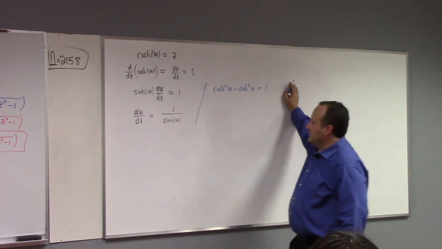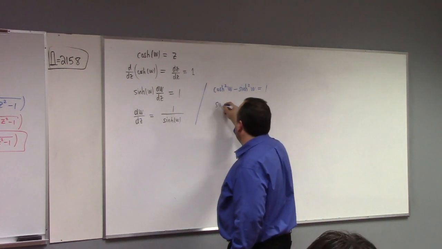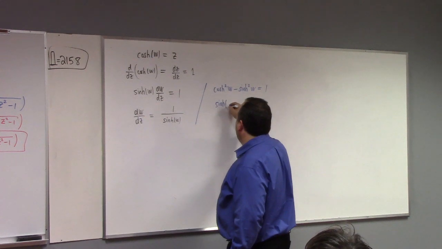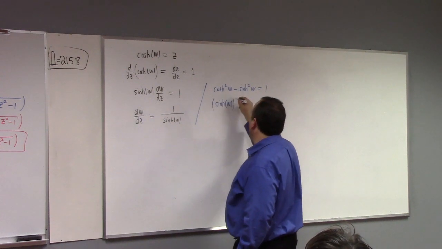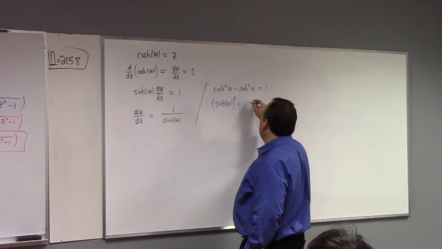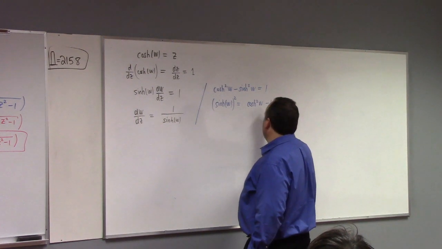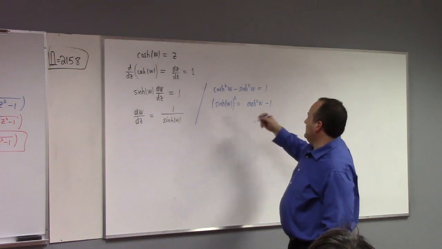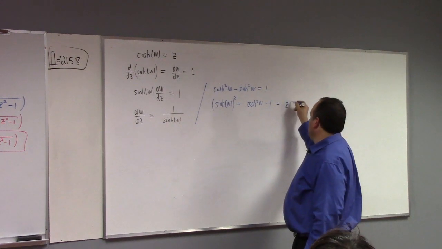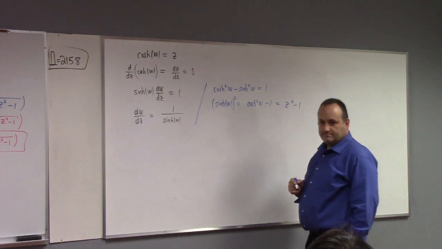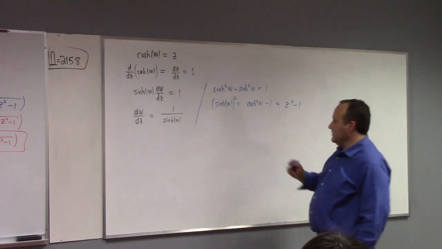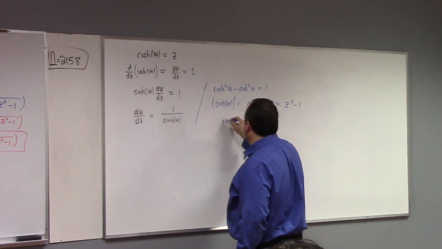Anyway, because that's true, this means that sinh squared of w is what? Looks like we got cosh squared w minus 1, right? But in the current context, that is z squared minus 1, right? Therefore, sinh w must be equal to what?